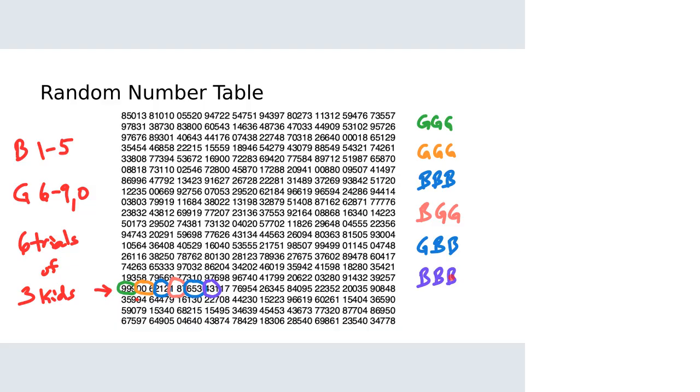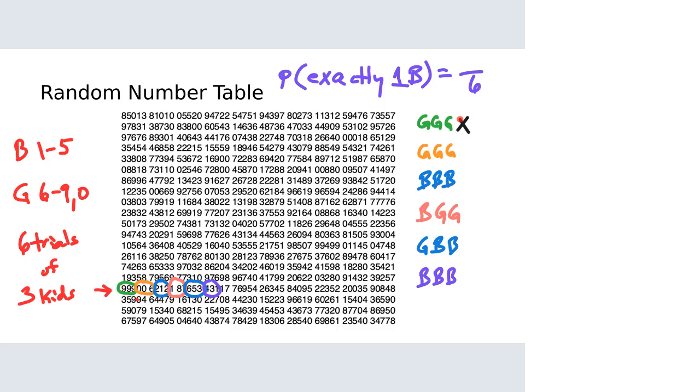Now the question is, if they have 3 children, what's the probability they'll have exactly 1 boy? We did 6 trials, so my number of outcomes is 6. Now I just have to figure out where I have exactly 1 boy, no more, no less.